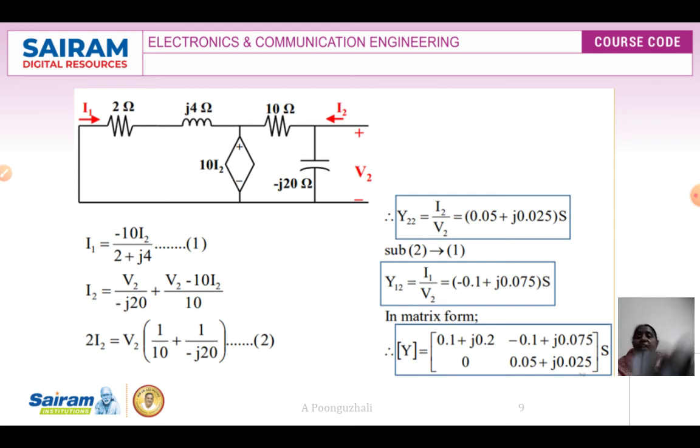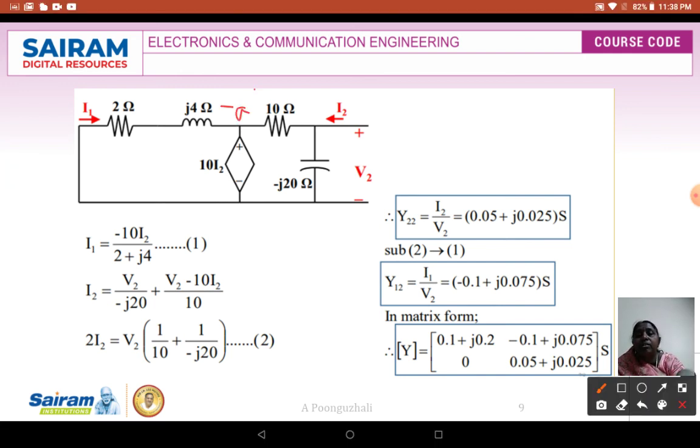So here this is your I1 current, this is your I2 current. If I apply a KCL at this node A, the incoming current to this node is going to be your I1.